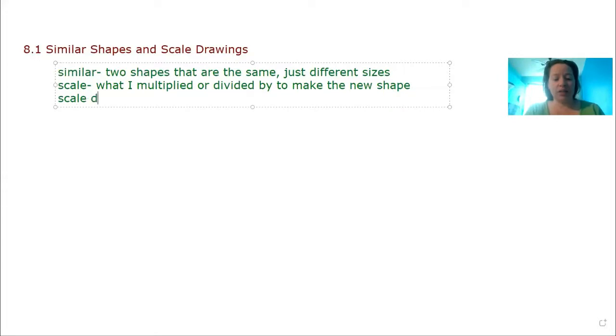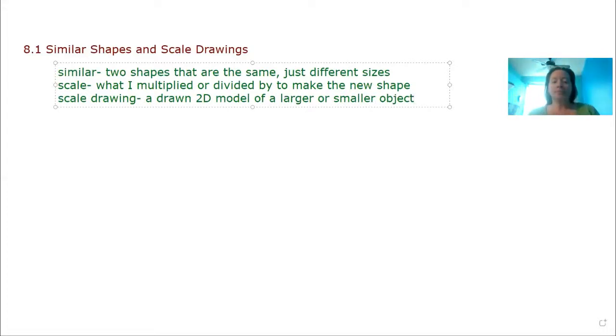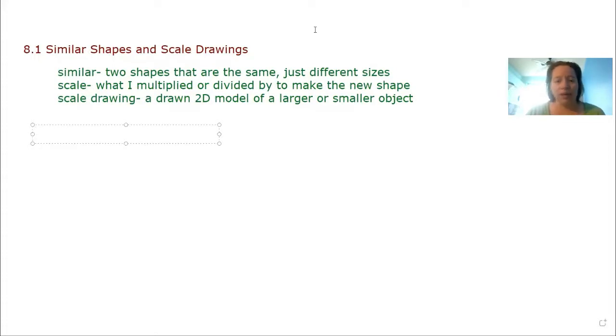So a scale drawing is a drawn picture, a drawn 2D model of a larger or smaller object. When we are talking about scale, we have a couple of different things going on.